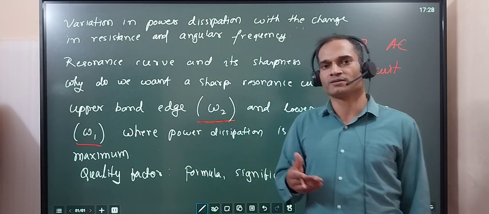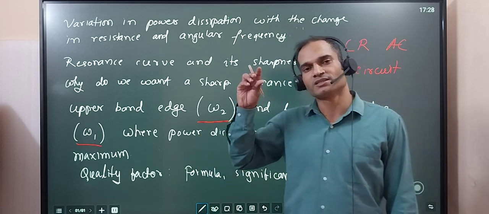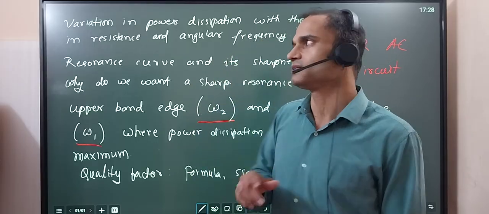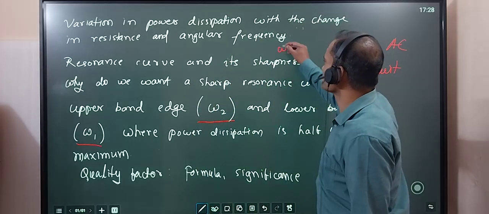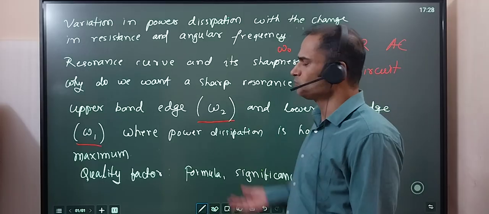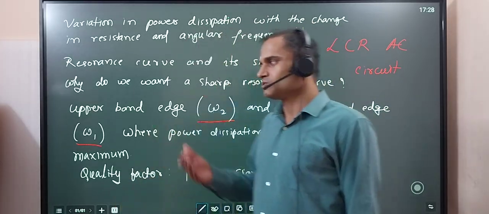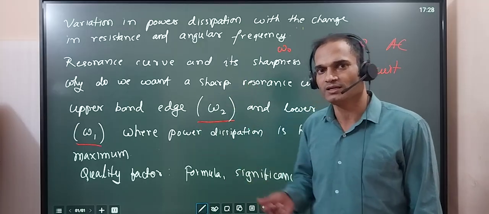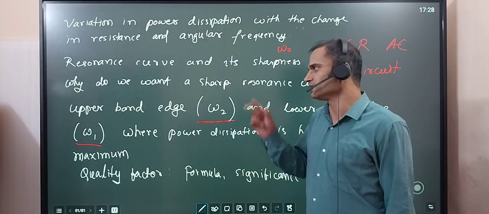You want this signal to be very strong at a particular point, that is omega naught, and you also want the radio signal to diminish quickly.